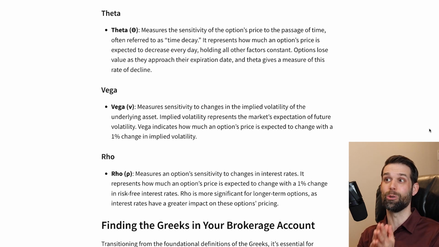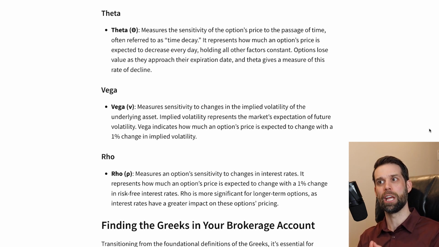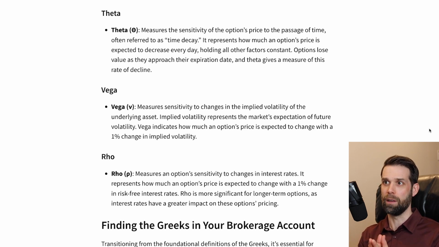So Vega is going to indicate how much an option's price is expected to change with a 1% change in implied volatility. So if the implied volatility changes by 1%, then the option's price is going to go up by the value of Vega. So that's what Vega is. I'm getting mixed up with planes here.